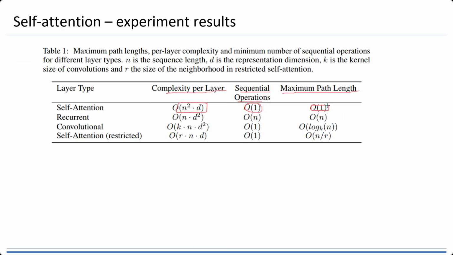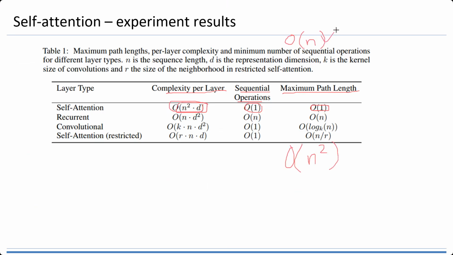If you have taken data structures and algorithms, we learn about this. O(n) is the linear function, and O(n^2) is the quadratic function.